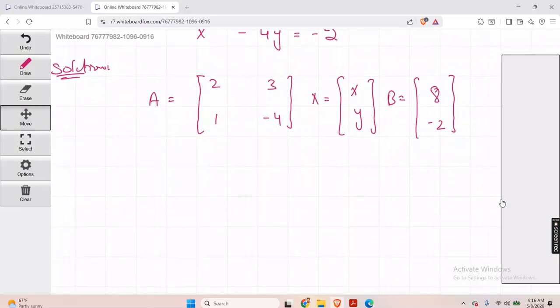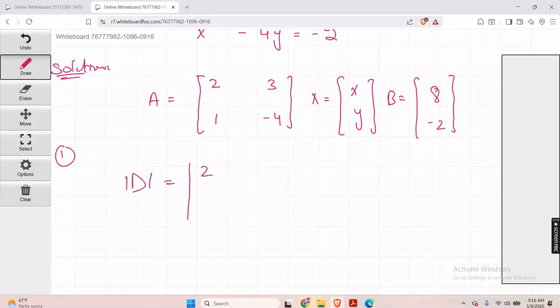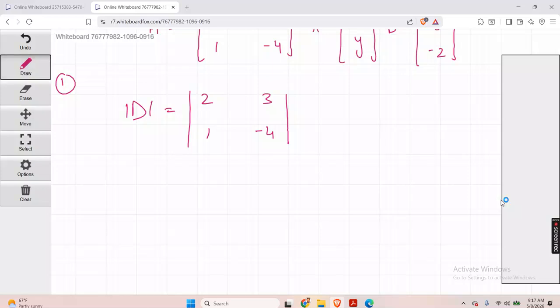Now, first step, determinant. You can mention A or D, doesn't matter. Let's say D determinant: 2, 3, 1, minus 4. So this will become 2 into minus 4 minus 3 into 1.